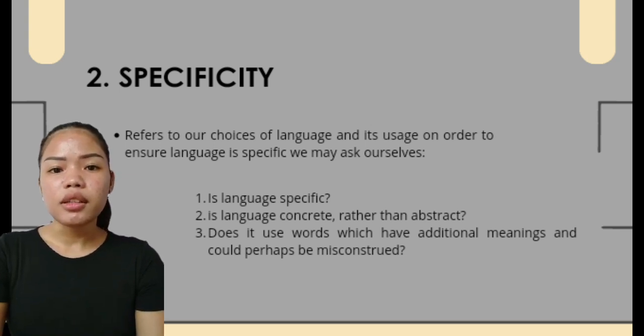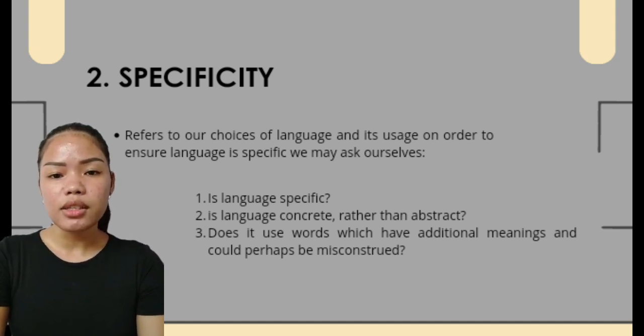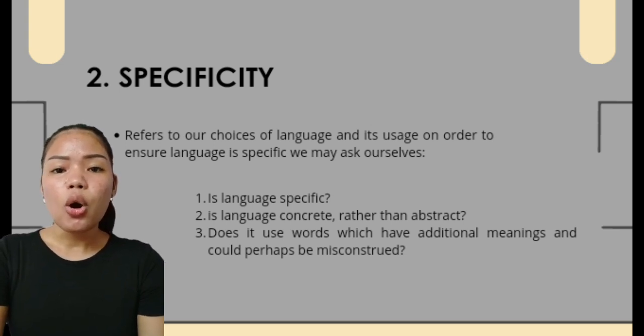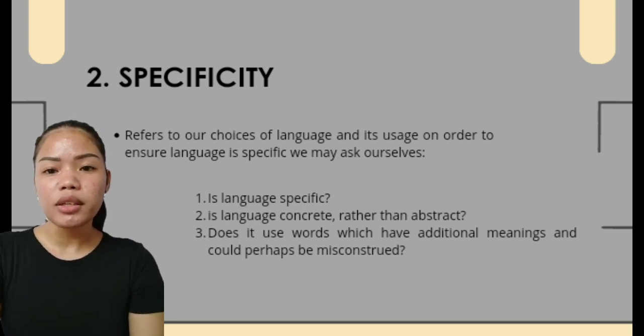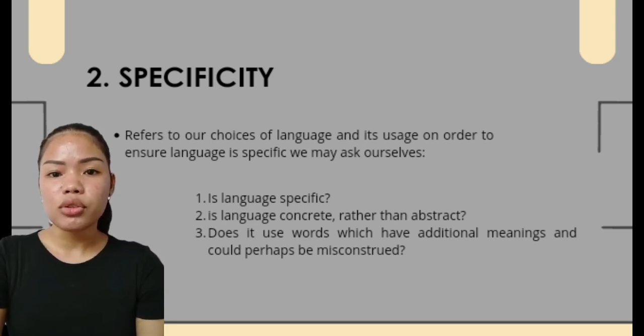Specific details like times, names, or actions help the other person quickly grasp what's needed. To ensure that the message has the specificity needed to be understood, we should analyze if the language used is clear and concrete or abstract and confusing, or if it has some additional meaning behind it that may be misconstrued.